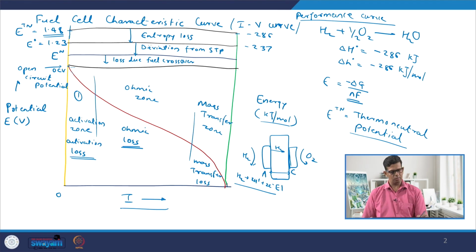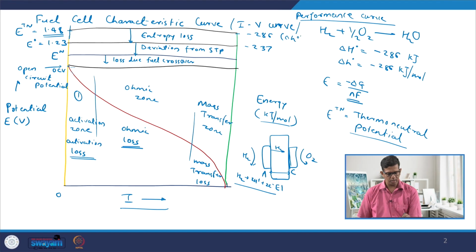Moving further, let's say the cell is operating at standard temperature and pressure conditions, so there is a loss due to entropy. In other words, the energy that is lost to the surroundings is covered by this entropy loss. So the energy that we have with us is basically the Gibbs free energy. Let me write it here.